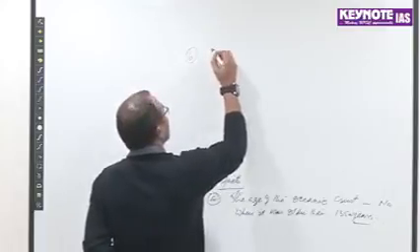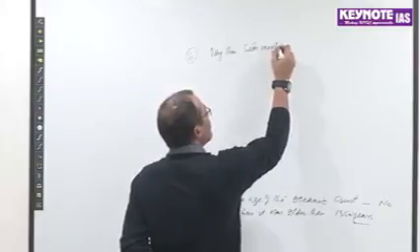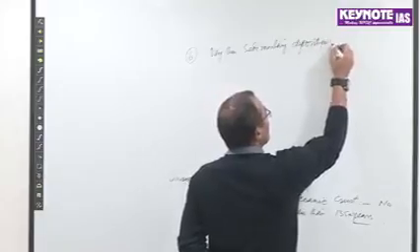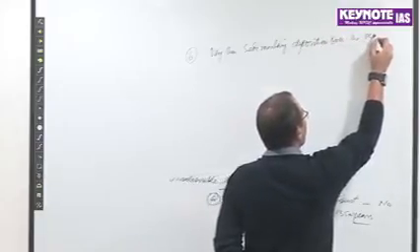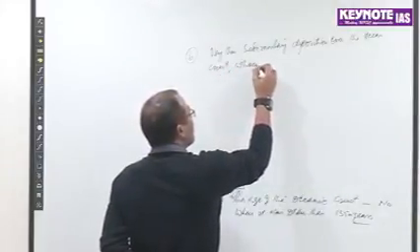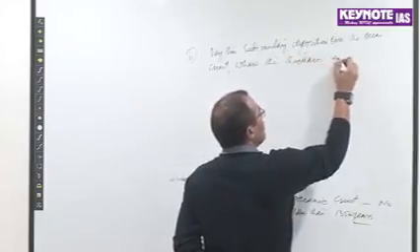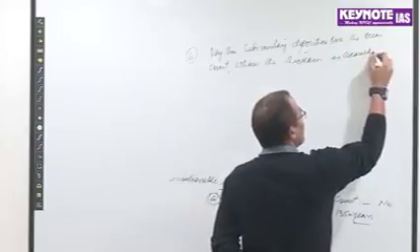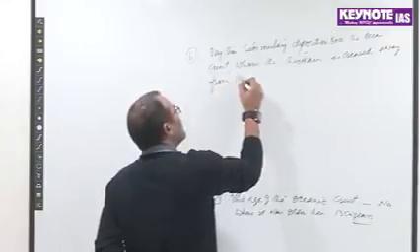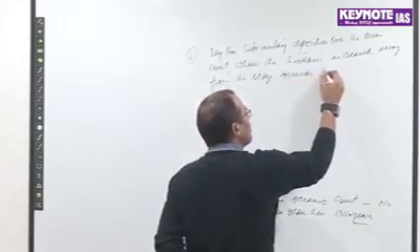The second one is very thin sedimentary deposition over the oceanic crust, where the thickness increased away from the ridge towards the trench.